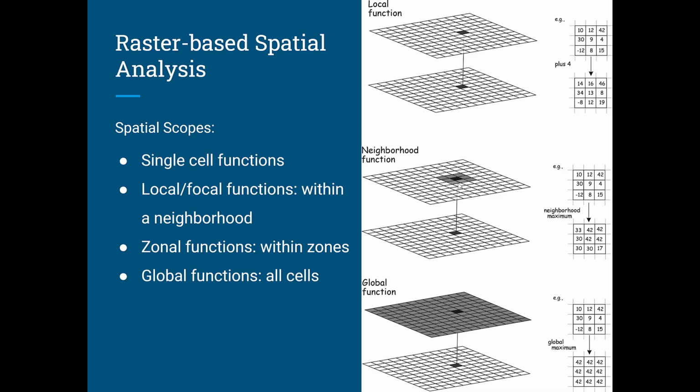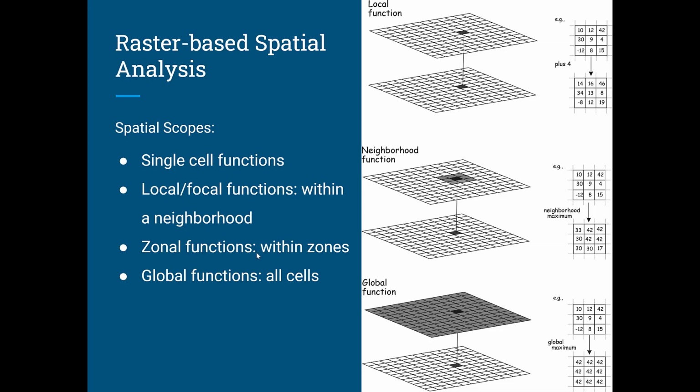Think about it like a moving window. You cover it at the center, which is your target, and combine all the neighboring information and assign a new value to the target pixel. You can also have a zonal function. A zonal function is very similar to a neighborhood or focal function, except your neighborhood or moving window is irregular.